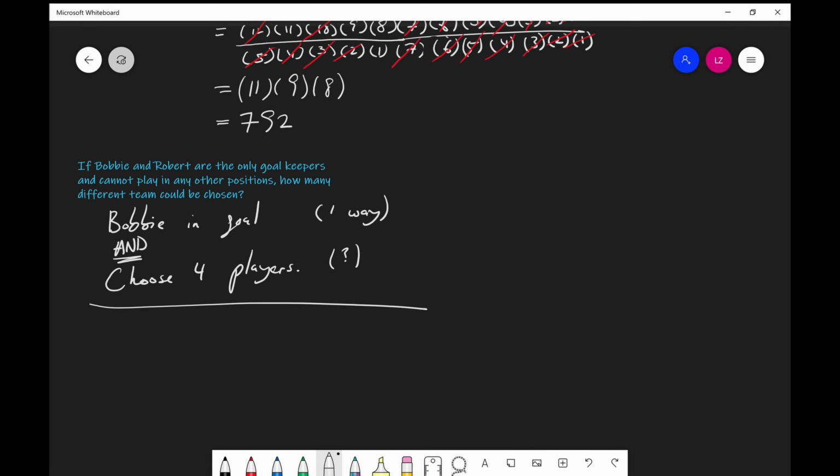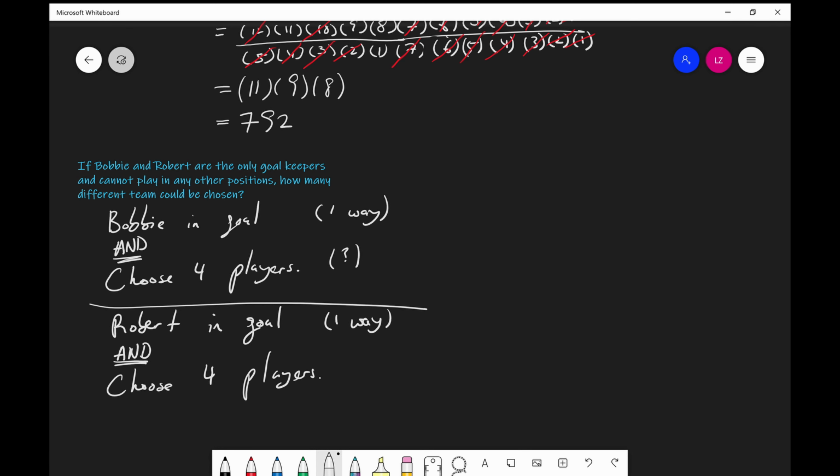Or we can have Robert in goal, which is one way, and choose 4 more players.